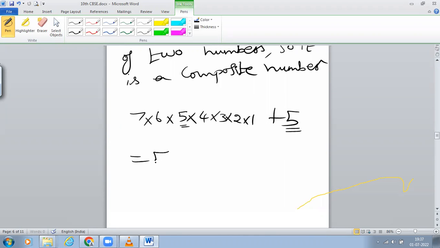So I'm going to take this 5 as common outside, putting a bracket. The remaining is 7 into 6 into 4 into 3 into 2 into 1, plus 1 in the place of 5, because 5 is 5 into 1. Therefore, when we take this 5 common outside, in that place we have to put 1.